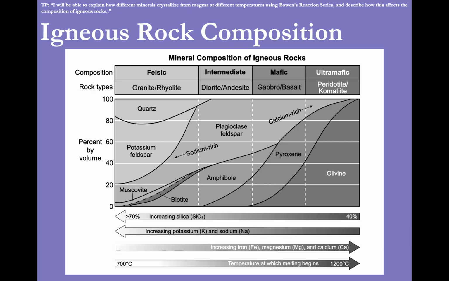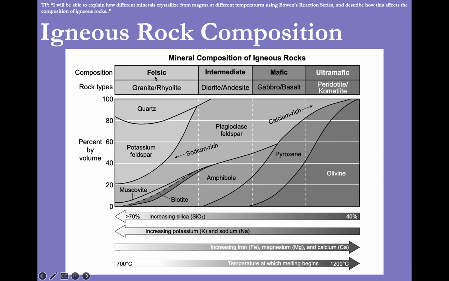The intermediates are becoming more sodium-rich plagioclase feldspar. There is a little bit of quartz in these intermediate rocks. There is some amphibole. There is some pyroxene. Very little amounts of olivine now. We do have some biotite mica.